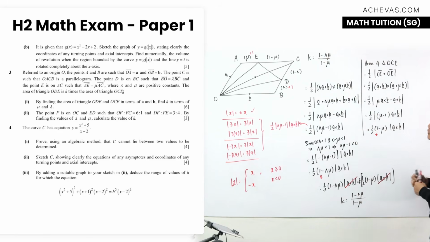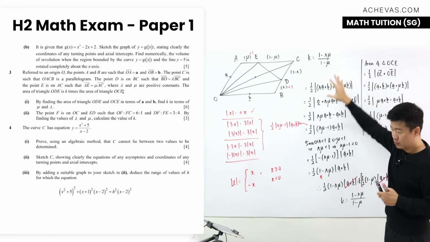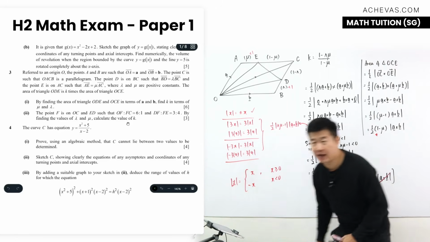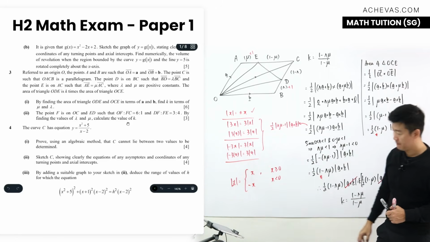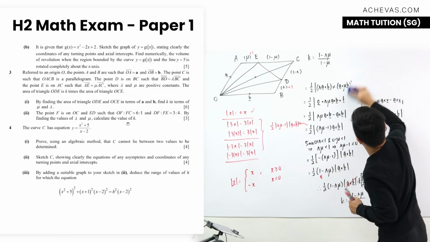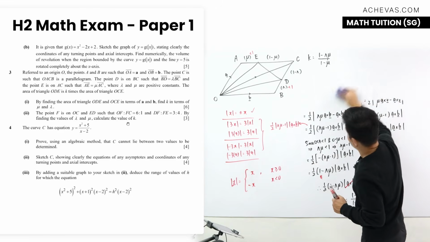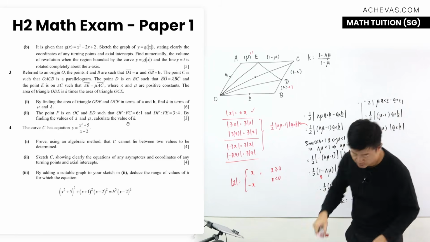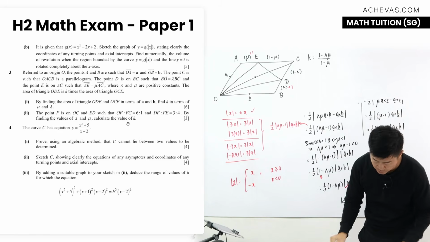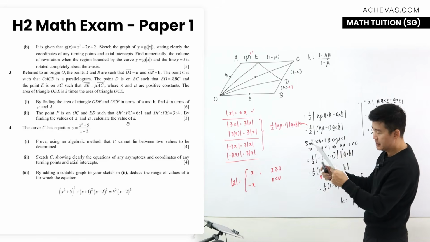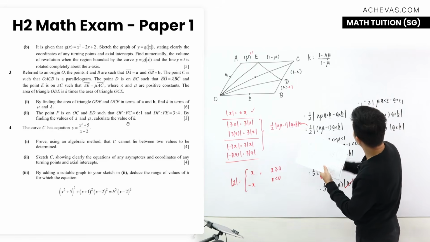We are going to make use of this to do part 2 of this question, where we are going to try to find k. From part 1, the information that we will probably still make use of is the position vectors of C, D, and E. Let me write them down here also.